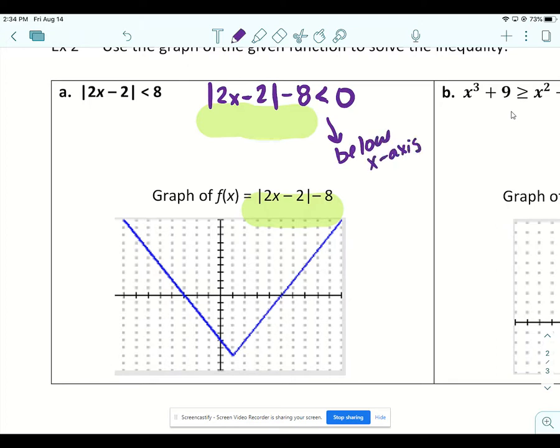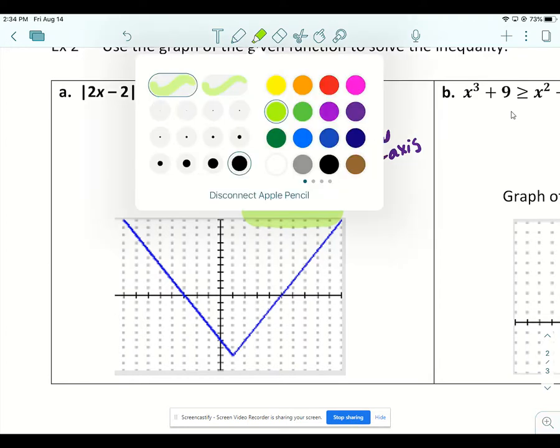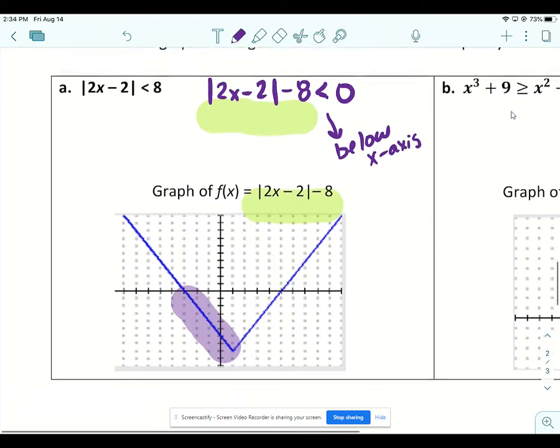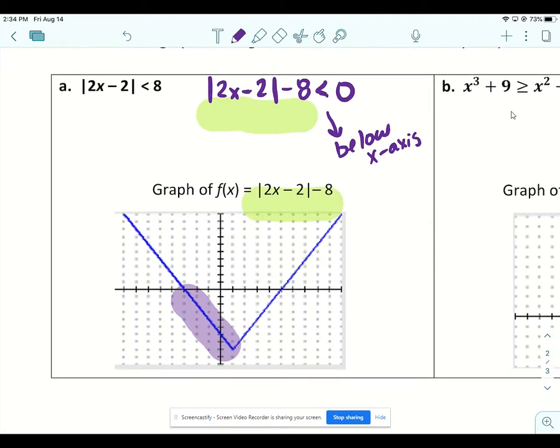All right, so I'm going to highlight everywhere where the graph is graphed below the x-axis. So to describe our solution regions, we're looking at the x's there. So starting here at this x, well, let me do an open circle. Why do you guys think I want to do an open circle? Because it's just less than.